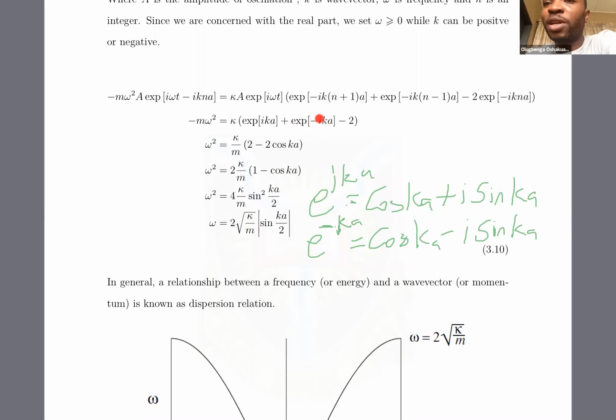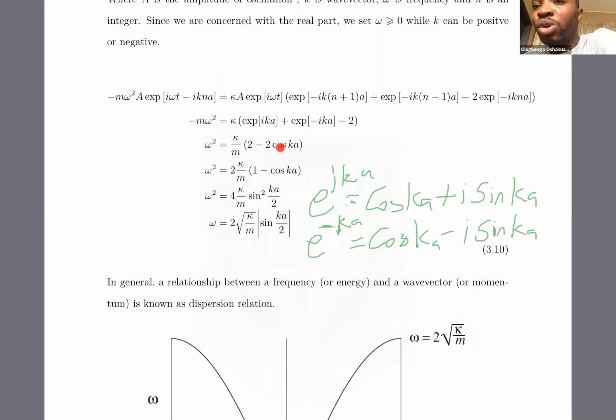But by the time you now divide by minus m, the minus sign will affect the signs of the 2 cos ka and the minus 2. Then you now have 2 minus 2 cos ka. And the dividing by m brings kappa to be kappa divided by m.